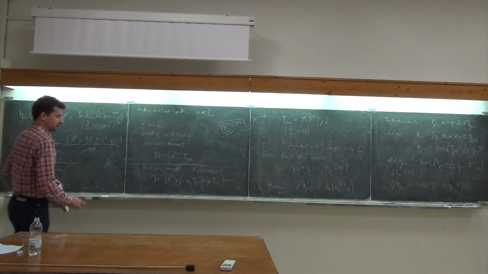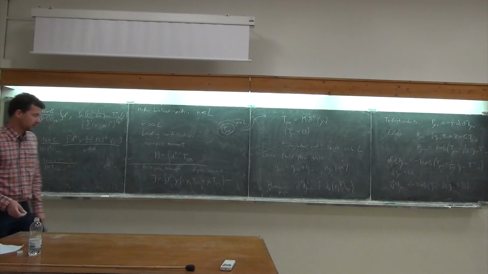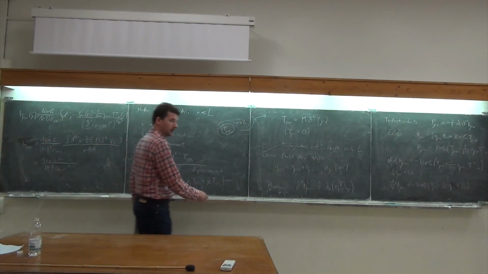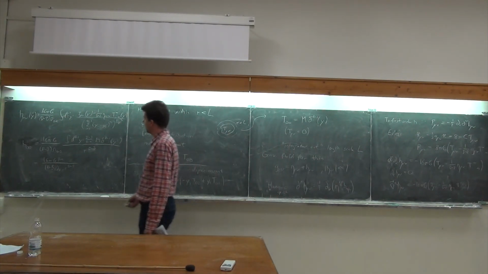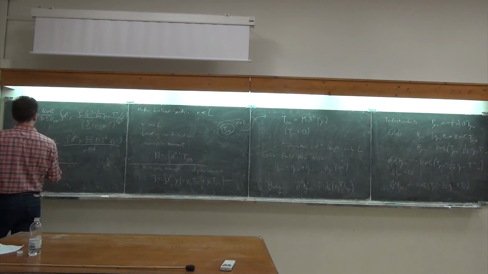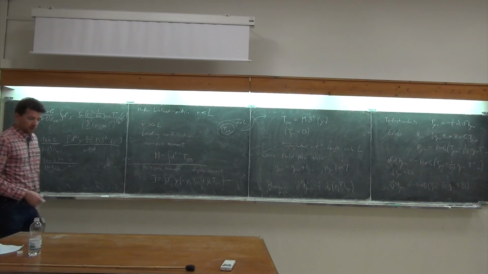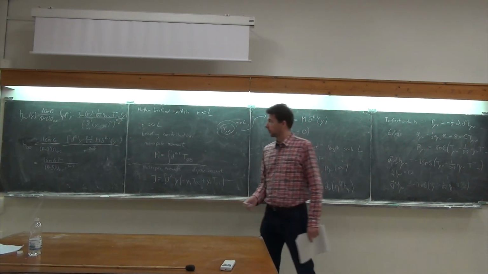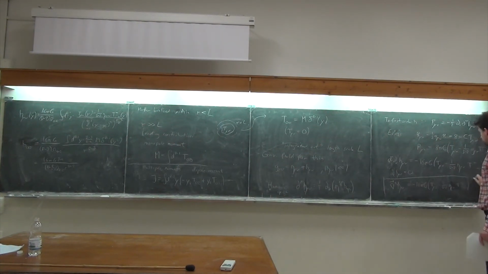So I hope this is roughly clear to you, because now I could generalize it to p-branes. What's omega? Omega comes in from this Green's function, when you have this differential equation here.